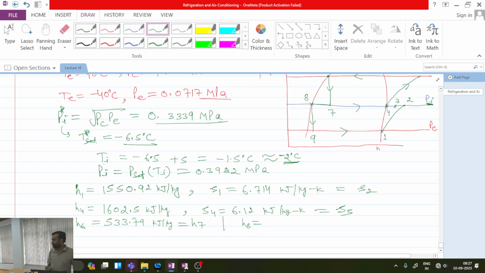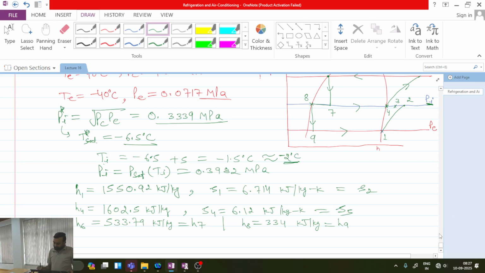Someone is doing interpolation. 334. Exact is 334, which will be equal to H9. H8 will be equal to H9. All are clear up to this point? Anyone having any doubt? Please tell me. All of you are able to locate from the table? Anyone who is not able to locate, we are moving very slowly so that with this question you can also get practice with your property tables.